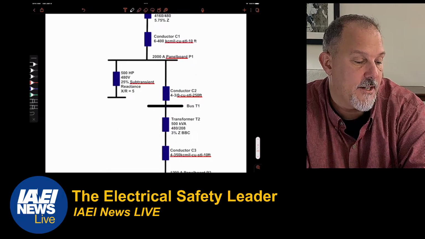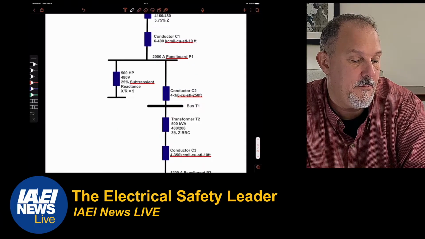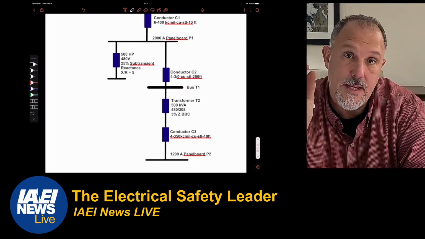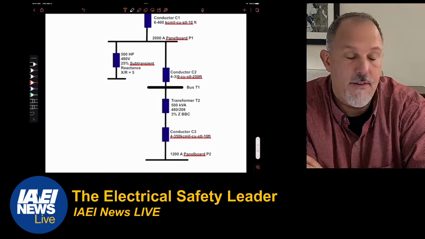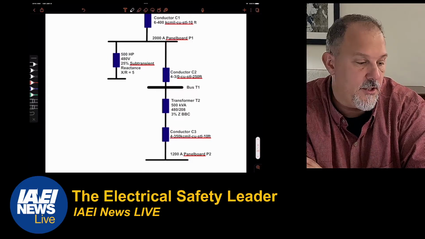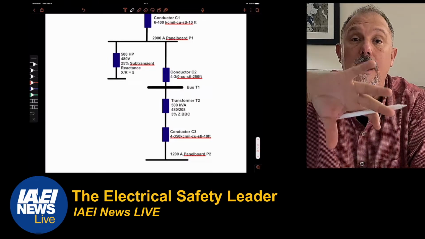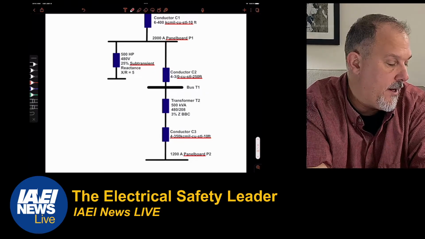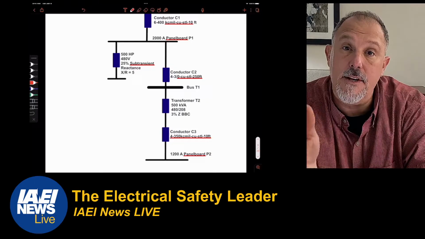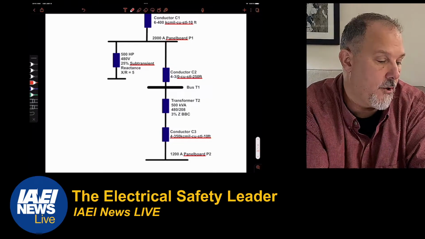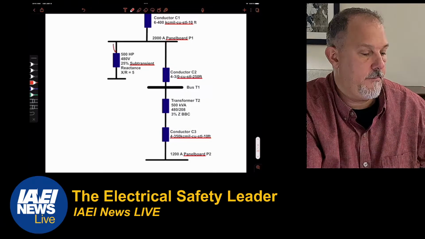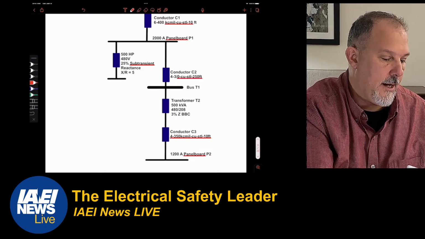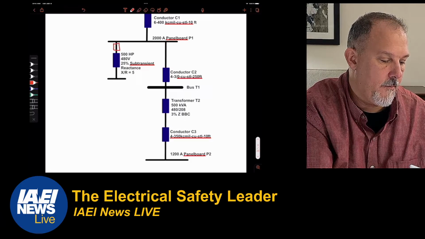I have my conductor C1, 400 kcmil. And each one of these blue squares is going to be an impedance. Now, you'll notice the 500 horsepower motor is an impedance, and you'll see where I have it connected, and I'll show you how you need to model it. But if I would have added a conductor length to this motor, I would have added it right here.